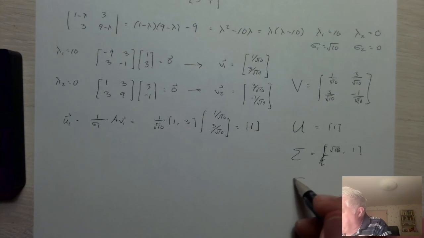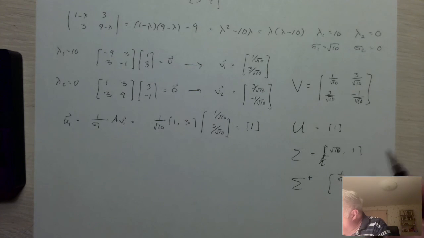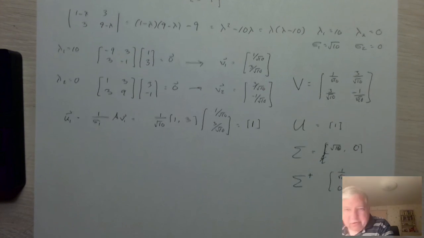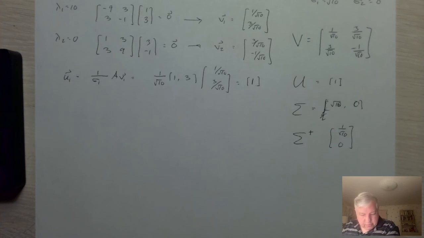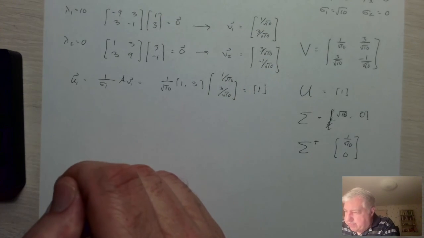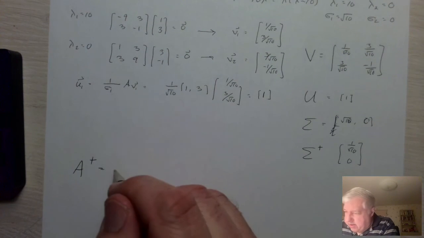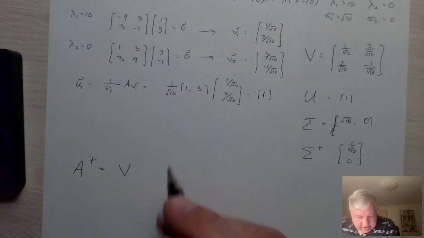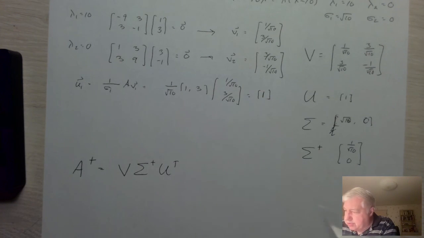But what we really want is sigma plus, and that is going to be 1 over square root of 10 and 0. By the way, this should be a 0 here. So the pseudo-inverse A plus is going to be what we said, V sigma plus U transpose.